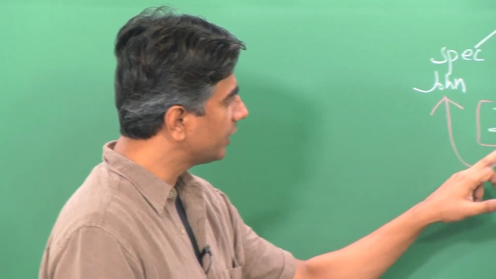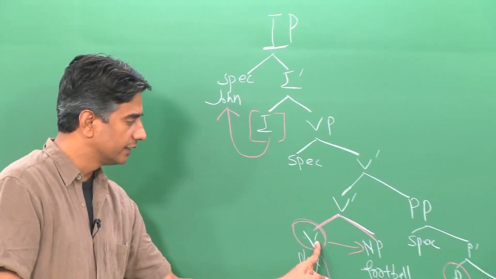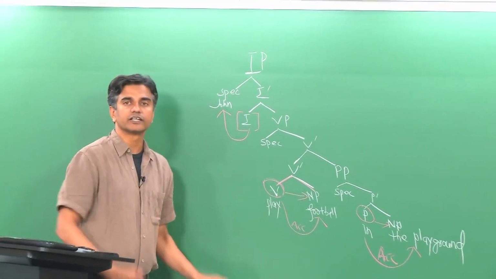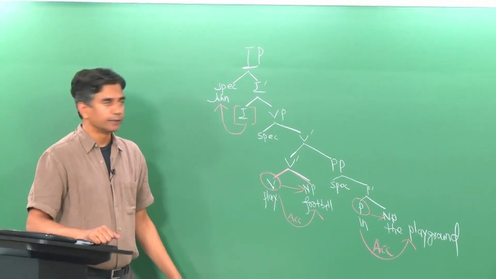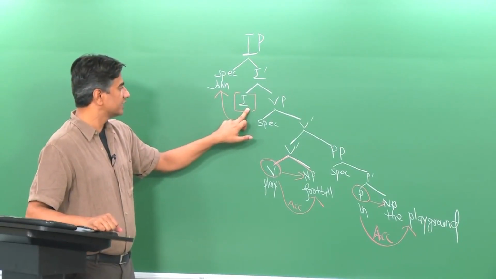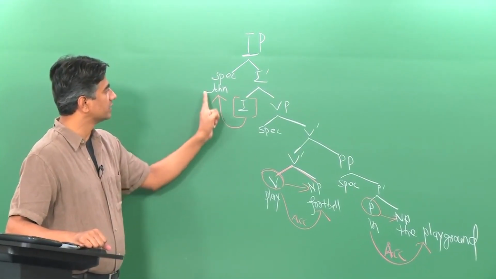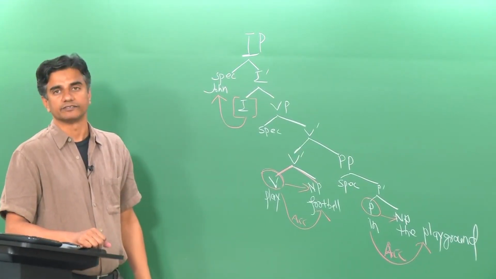So the point is, here the head assigns accusative case to its complements, but in this case the head is not assigning nominative case to the complement; the head is assigning nominative case to its specifier.